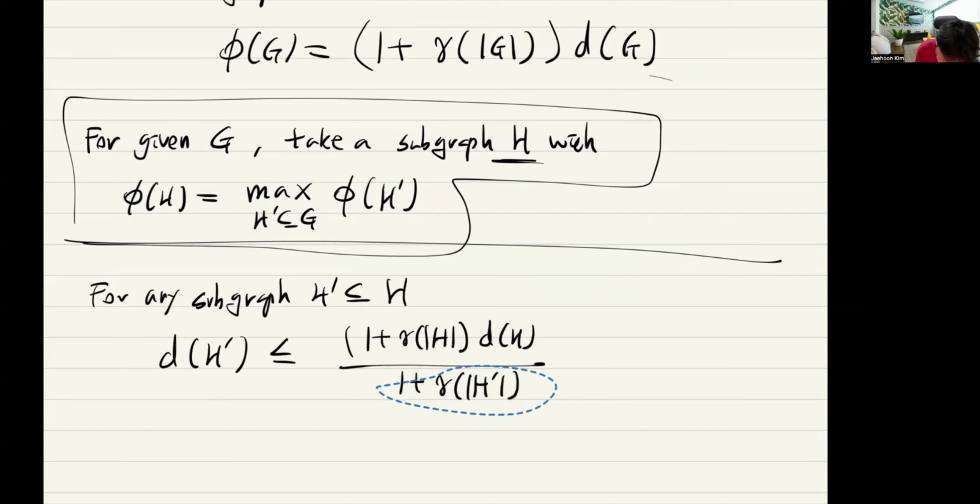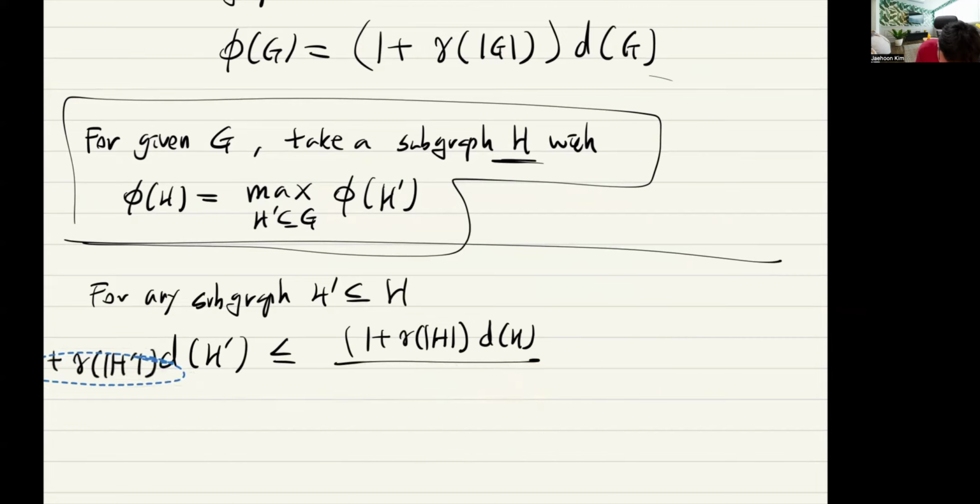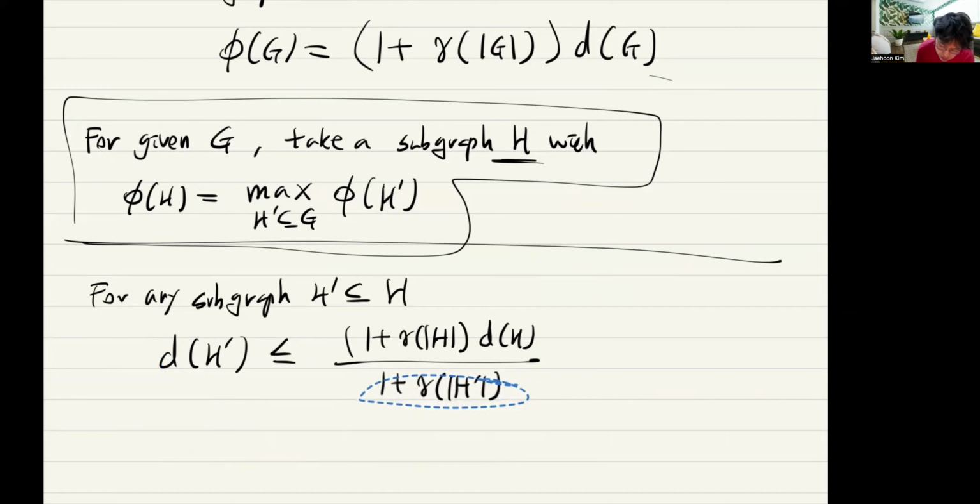Why? If you just move this part and multiply it here, then the inequality holds. Because here is the pi value of H on the right-hand side, and the pi value of H prime on the left-hand side, and the pi value of H was maximum. So this inequality holds. So you just divide it, and you get this.